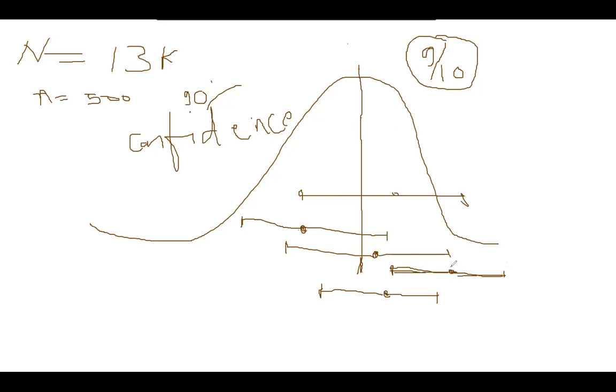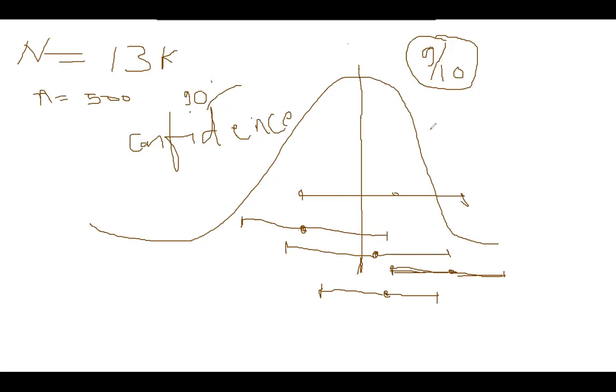Let's say I do this exercise 100 times from any population, and 99 of my samples represent the true population mean and one does not. Then I can say I'm 99% confident that the sample is representing the true population mean. Out of 100, if 95 are representing, then I will say 95% confident.